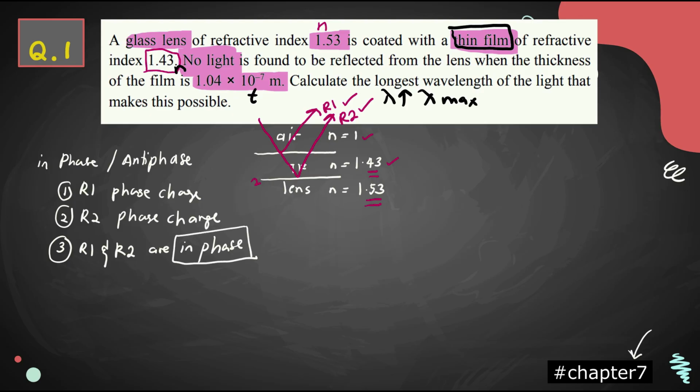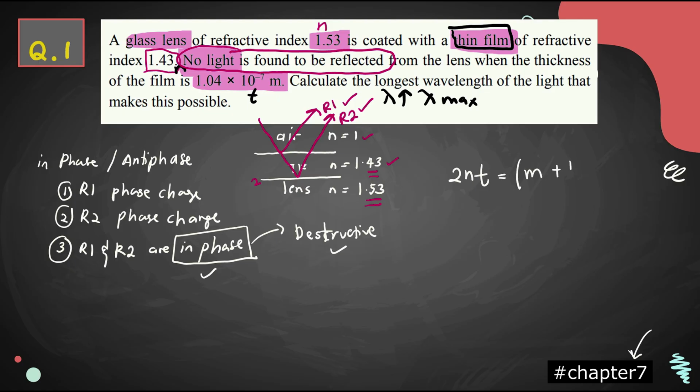So now we want to conclude whether it is constructive or destructive. We have the keyword here: no light is found to be reflected, meaning that it is destructive interference. So the equation for in-phase destructive is 2nt = (m + 1/2)λ.